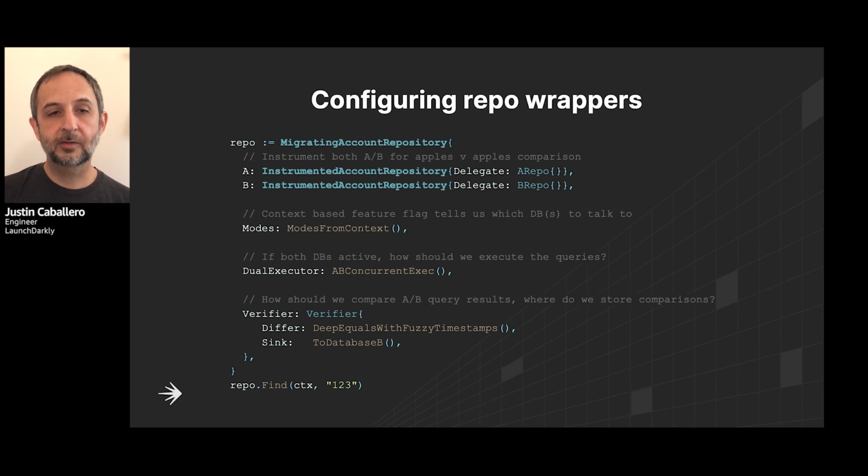And then we also provided a verifier. So we can plug in our own techniques depending on the repository we're migrating. But there's a standard library that provides those implementations, so we don't have to put that stuff in our mainline request processing code.